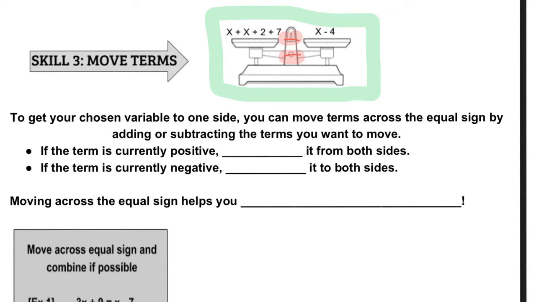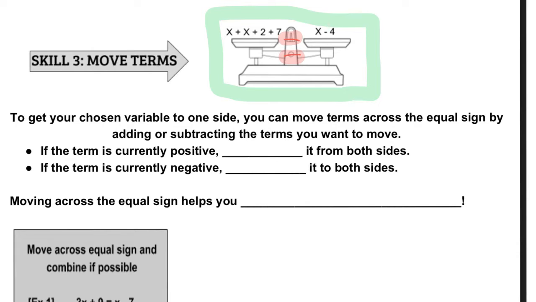So to get our chosen variable to one side, which is one of the first goals of solving equations, we need to move terms across the equal sign by adding or subtracting the terms we want to move, just like we added and we subtracted when we were combining like terms.